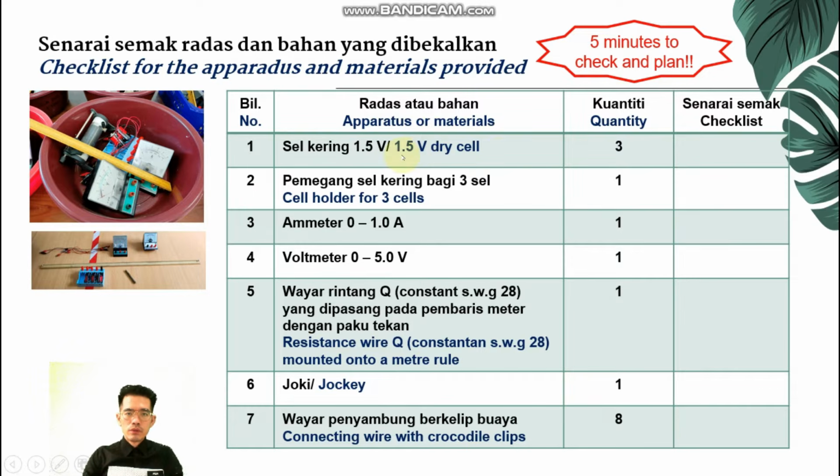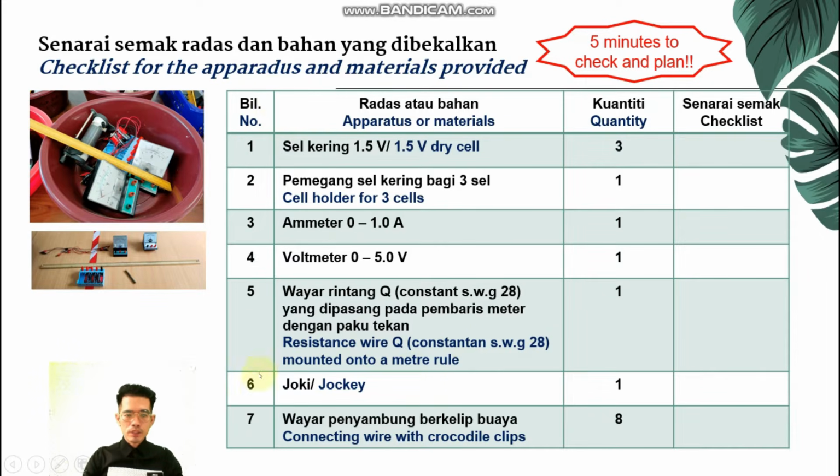If you have enough quantity of dry cells, you just pick the second cell holder for 3 cells. You can look at the figure. There is a cell holder which is able to hold 4 cells, so that means there is more than enough. Then the ammeter with the range of 0 to 1 ampere, voltmeter 0 to 5.0 volts, and then item number 5, resistance wire Q, which is a constant SWG 28 mounted on the meter rule.